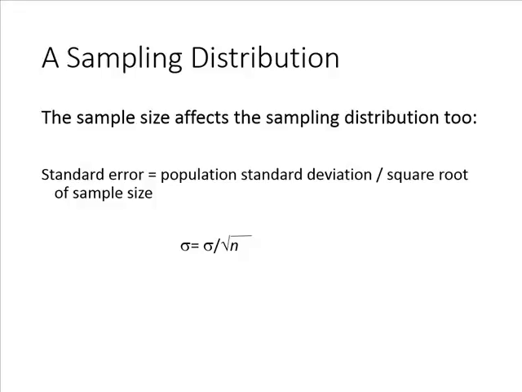So our standard error, because it's not standard deviation anymore, we're talking about a standard error of a mean, our sample mean, is equal to the standard deviation divided by the square root of our sample size.